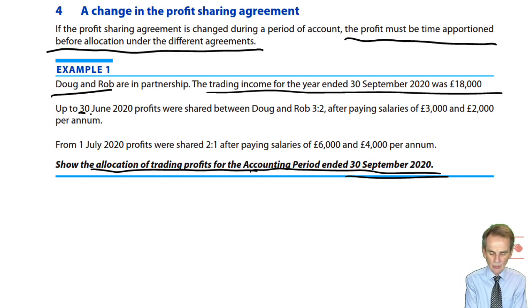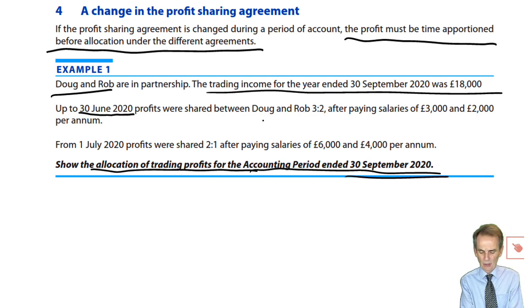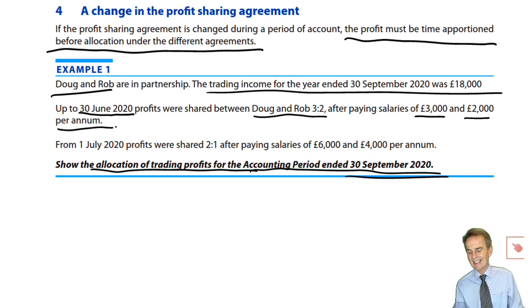Only up to the 30th of June 2020 were profits shared on the old agreement, which was simple: shared between Doug and Rob in a profit sharing ratio of 3-to-2, after having paid salaries of £3,000 and £2,000 per annum. Remember, we credit any salary figures and any interest on capital firstly to the partners, before dividing any balance in that profit sharing ratio.